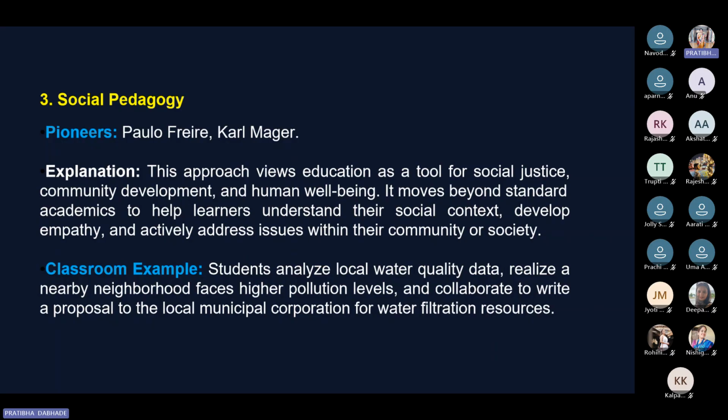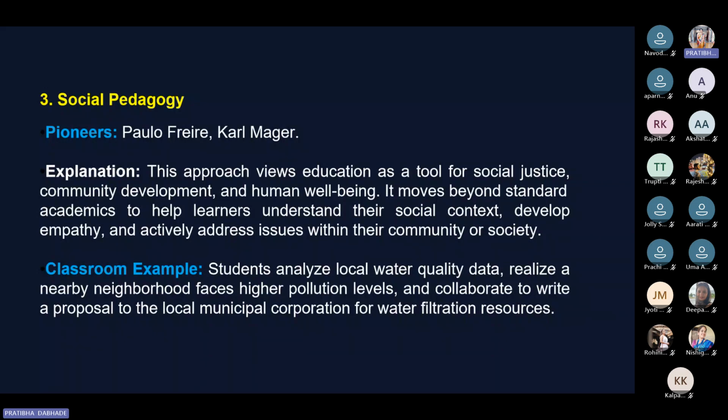So nowadays we should focus on constructivist as well as social pedagogy, because social pedagogy focuses on social development, thinking about social justice, community development, as well as individual well-being.